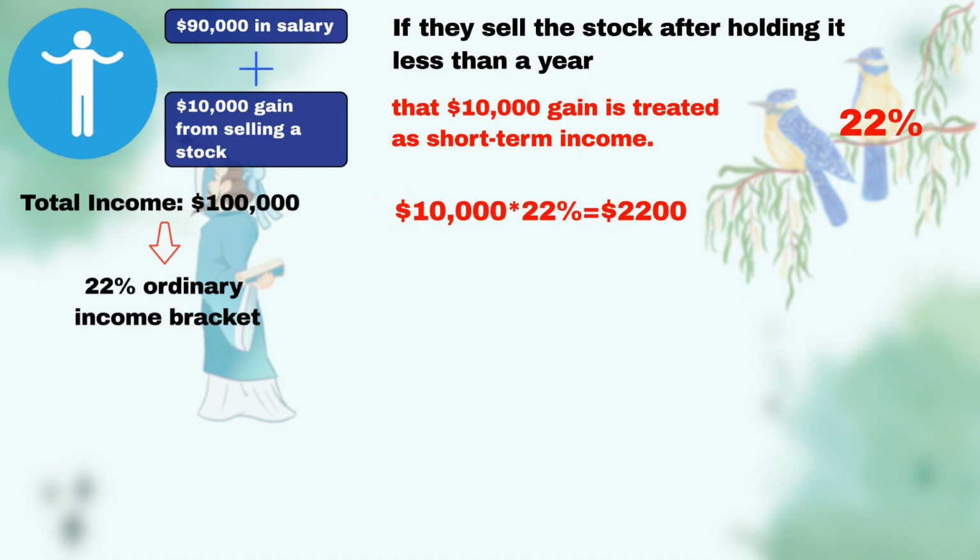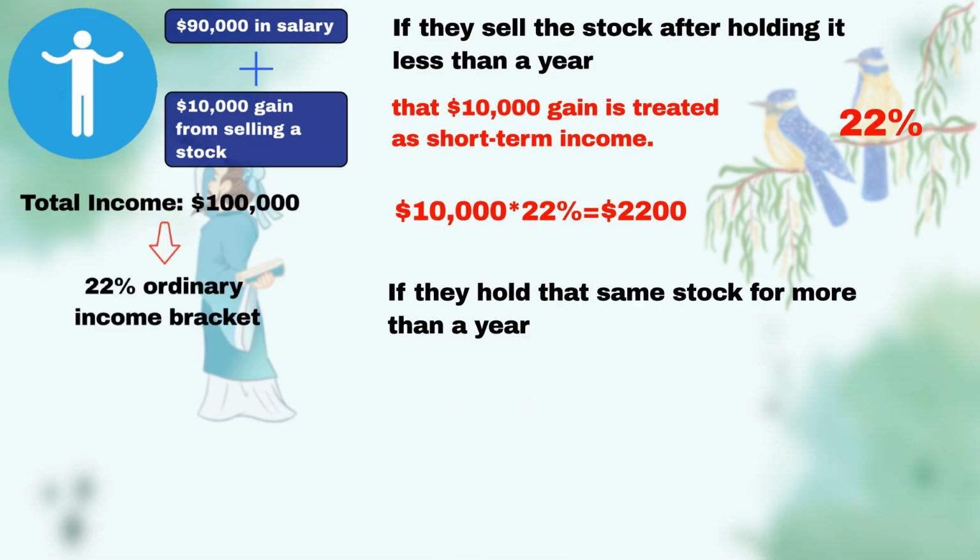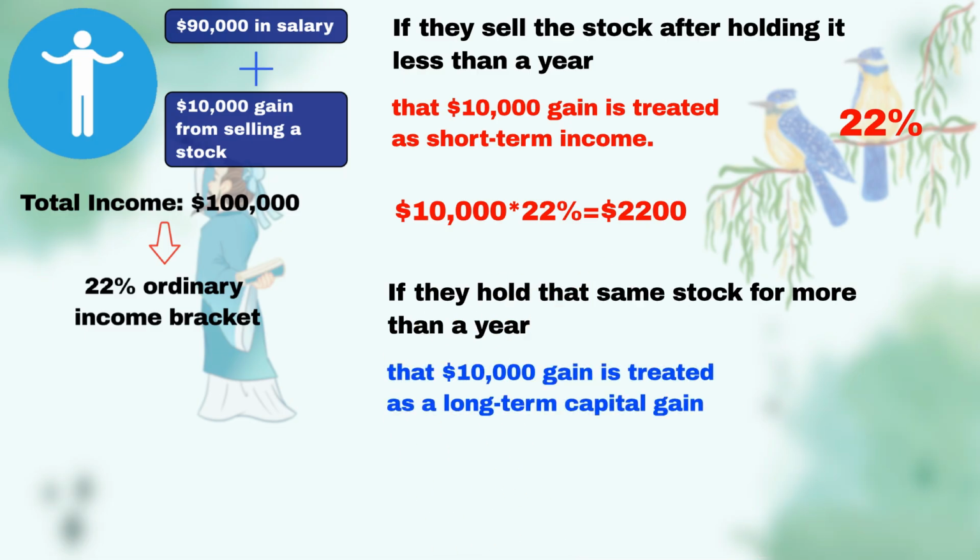$2,200 in federal tax. But if they hold that same stock for more than a year, that $10,000 gain is treated as a long-term capital gain. At this income level, most or all of that gain would likely be taxed at 15%, which comes to about $1,500, significantly lower than the short-term scenario.